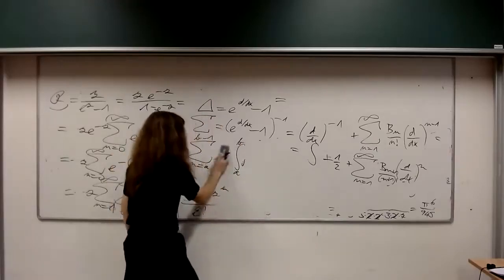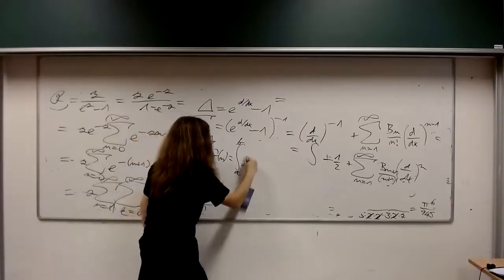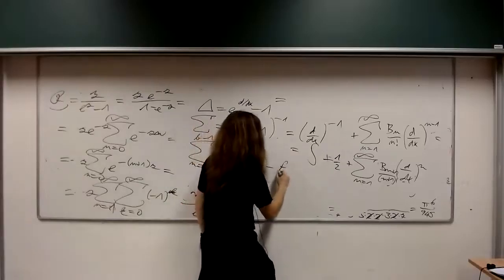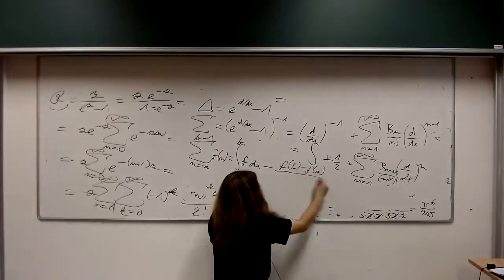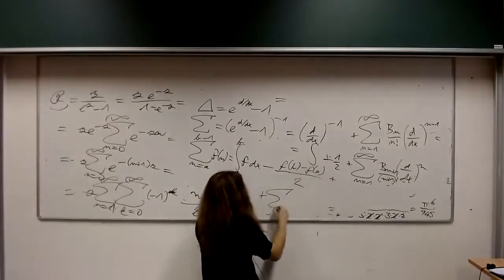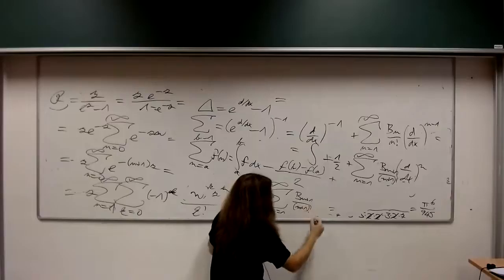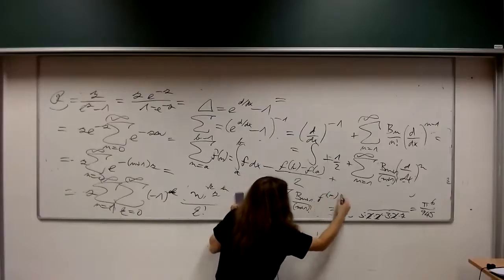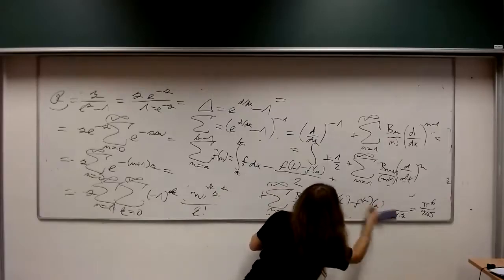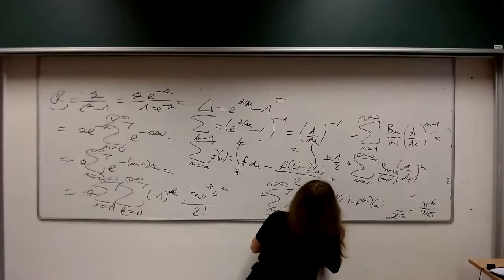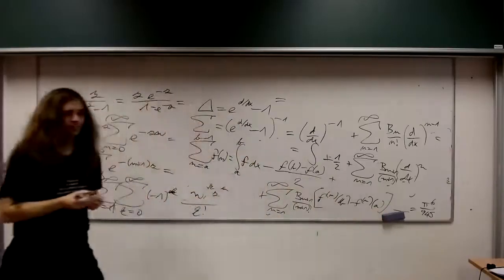We use this on some function to be concrete. So here we have the function integrated minus 1/2 of the function, evaluated at the limits. And then we have the derivative at one endpoint minus the derivative at the other endpoint. And this is the Euler-Maclaurin summation formula.